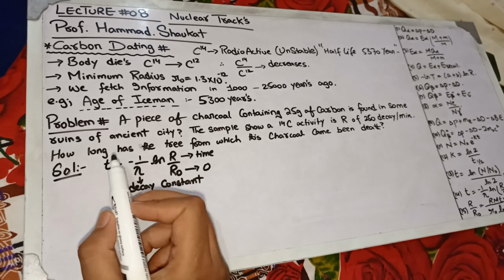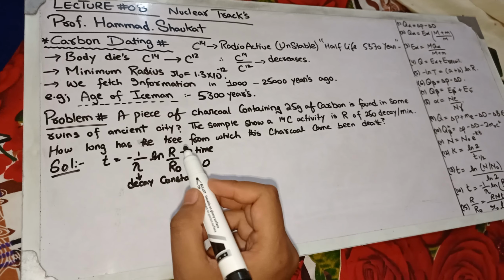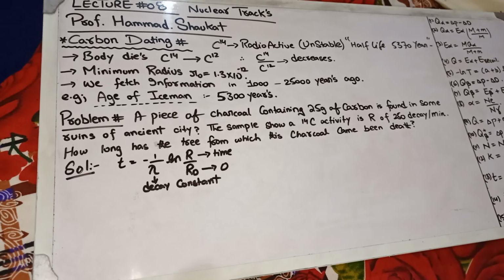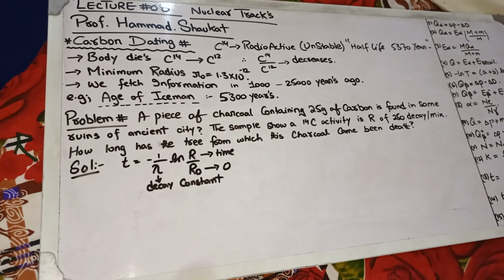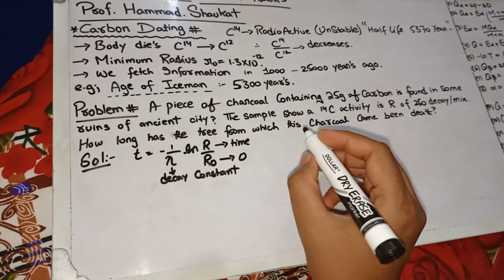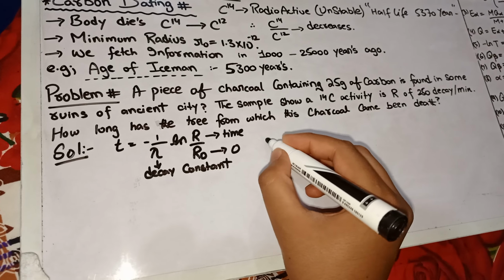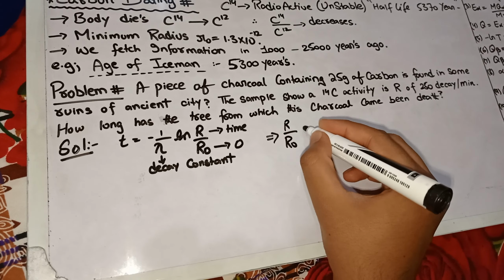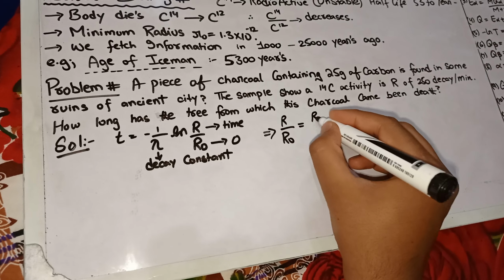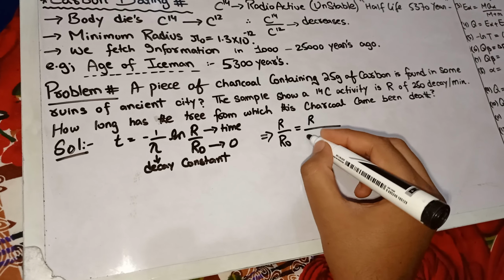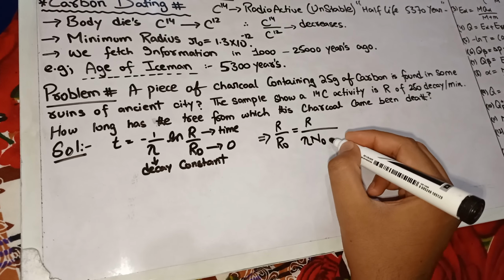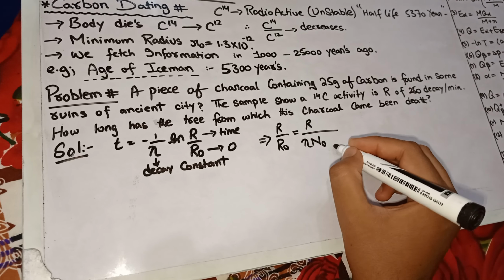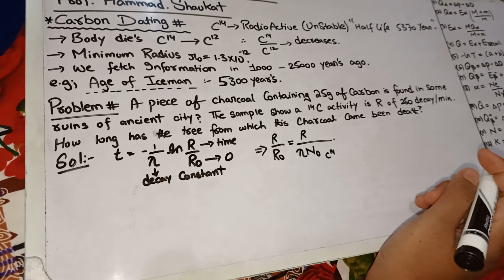So to find this, we need the ratio r by r naught. First of all, we have to find this ratio, r divided by r naught. There is a relation: r divided by r naught equals r divided by lambda n naught, and this is for the case of carbon 14.